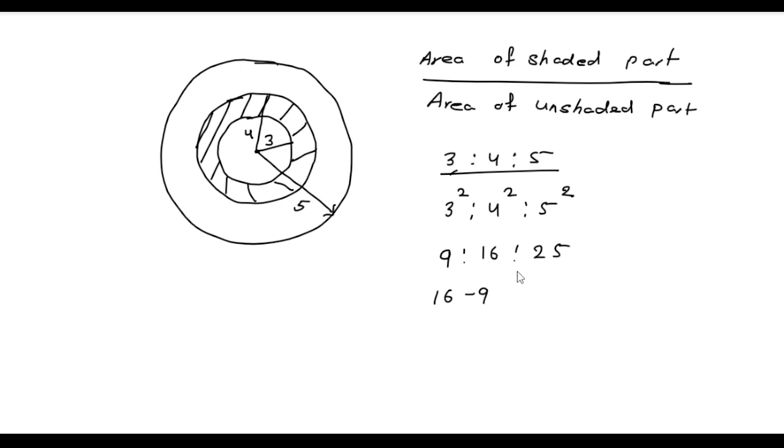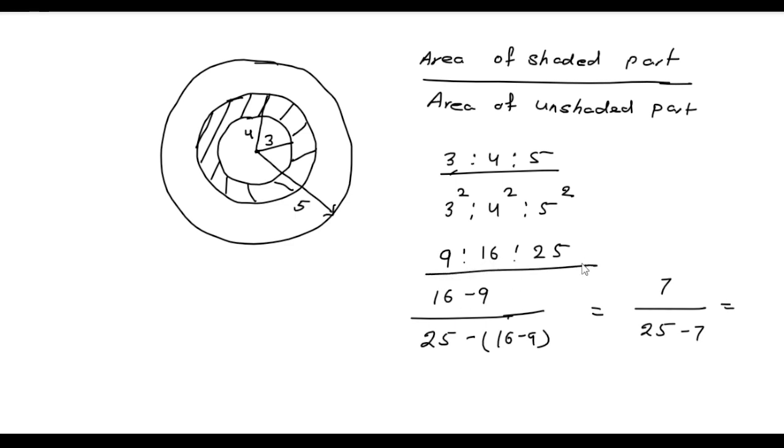I'm not talking about pi. So if I talk about the ratio of shaded area, your shaded area will become 16 minus 9 and your unshaded area will become 25 minus the shaded part.